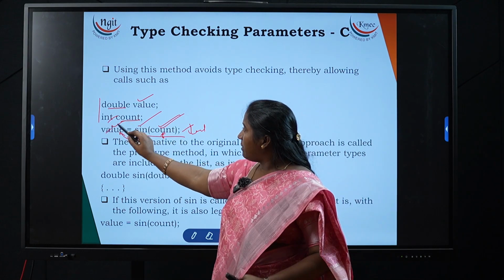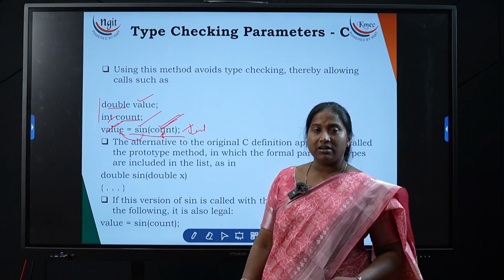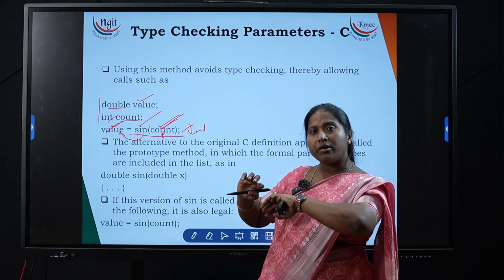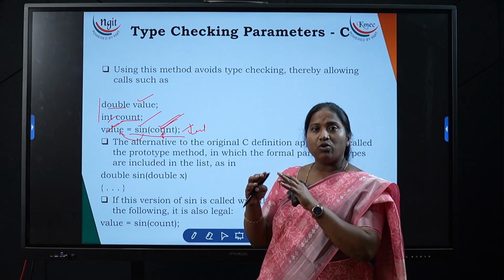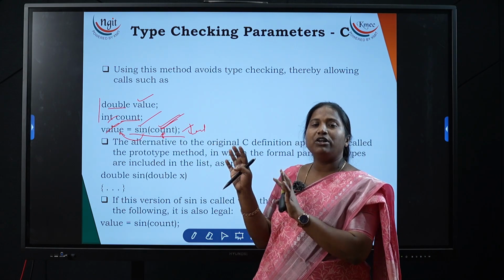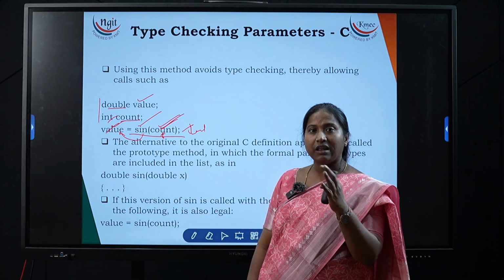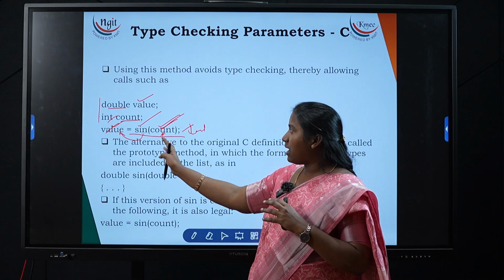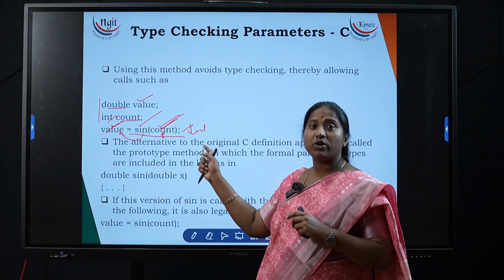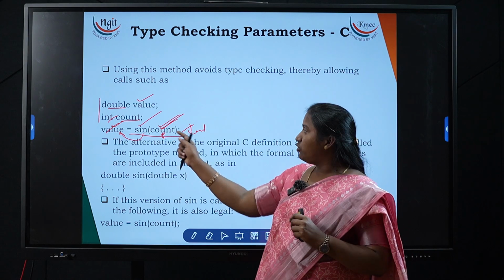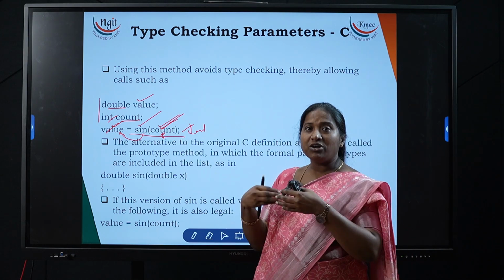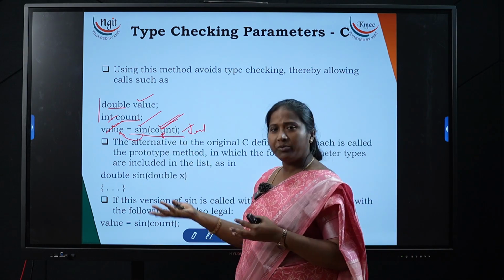Value is double, count is integer. As these are mixed data types, it is legal, but it will not give you a result. You will get an error to check the data types, and this is what is required in the languages. If you don't have this, then we cannot map the value of double into integer.